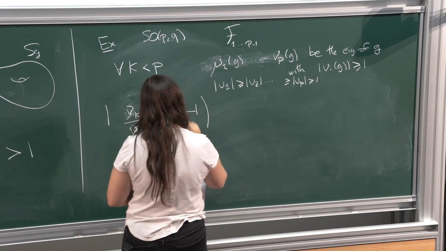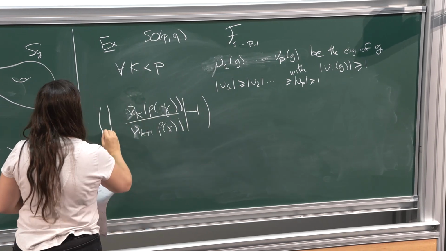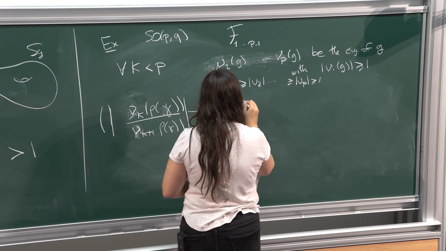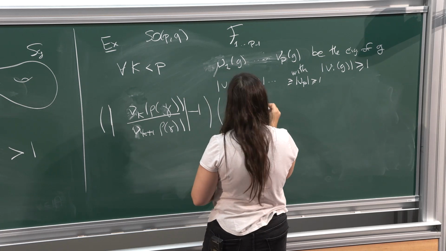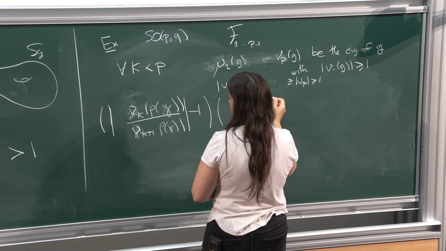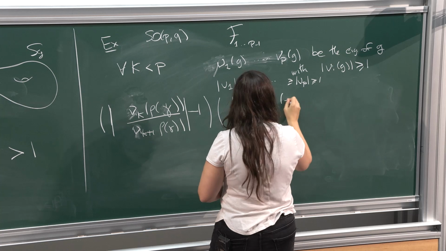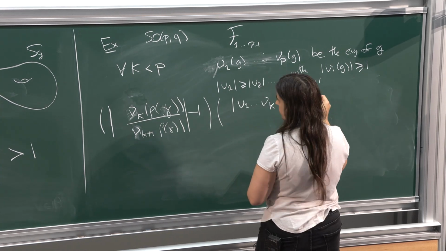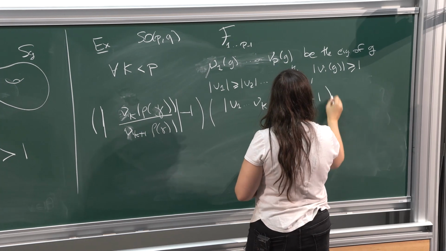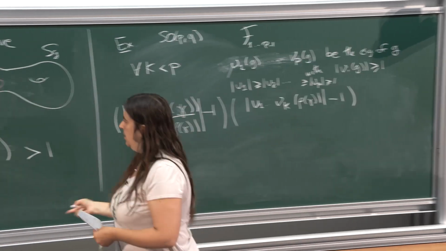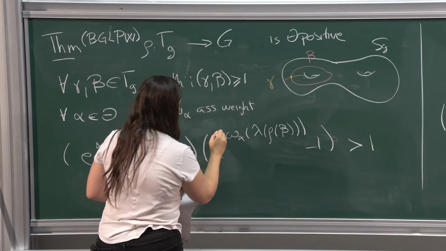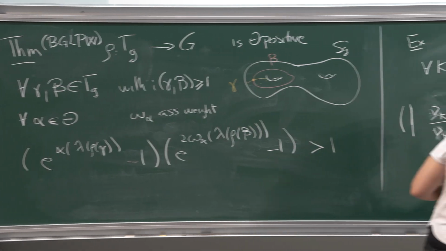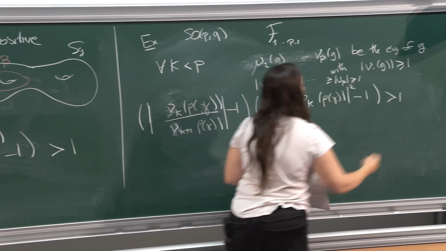And this was absolute value here. And all minus 1 times the absolute value of nu_1 up to nu_k of rho of gamma, minus 1. And I actually need a 2 here to be correct. This is bigger than 1.